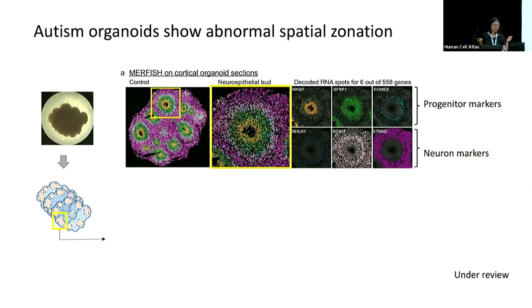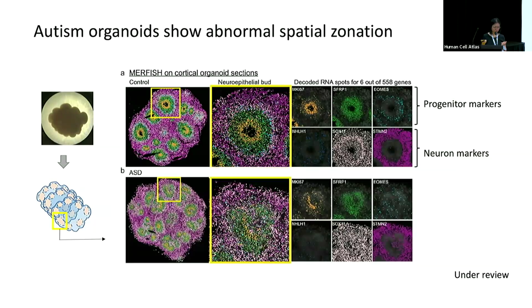Even then, you can already see pretty nice cellular layering, marking the different types of neurons and progenitors in the system. Now, if you look at the autism organoid, you would first notice that there's some disorganization and disarray going on, even from just these 6 markers.